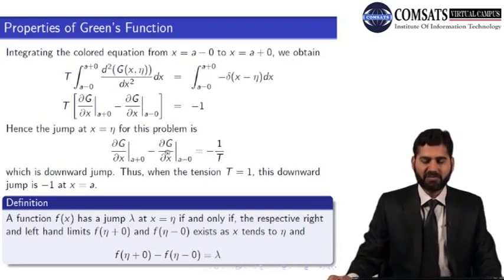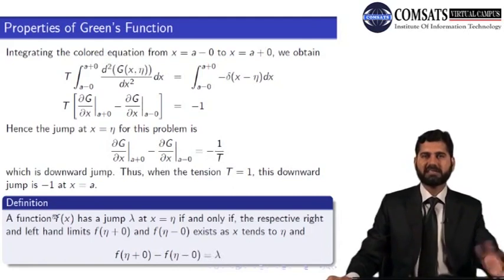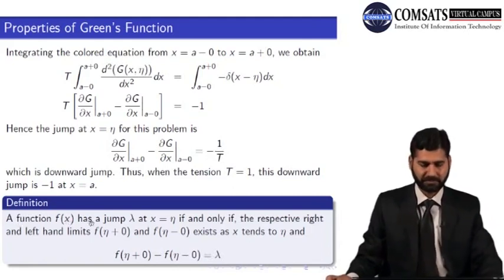So it means the derivative of g with respect to x has a jump at a, right? So a plus 0 and a minus 0 gives you -1 by T, which is a downward jump. Thus when the tension T is equal to 1, this jump is -1 at x equal to a. Negative shows that this is a downward jump. Alright, so if tension is 1, then it's exactly equal to -1.